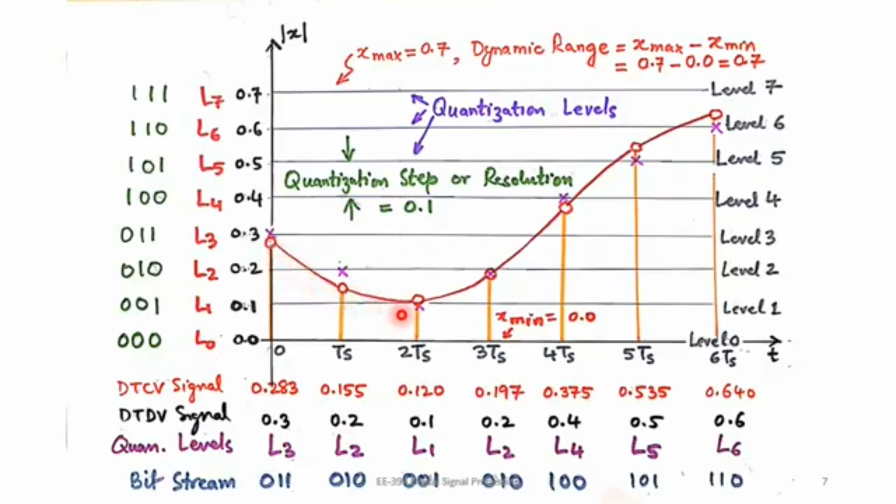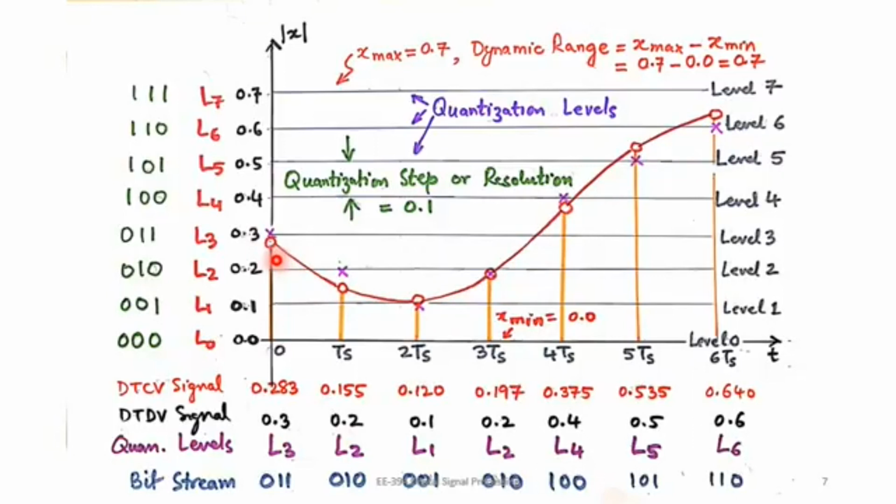So this signal, which starts near 0.3 and then goes a bit down and then goes up again before reaching its peak value at 0.640, is our analog signal. This is what we call a continuous time, continuous valued signal.